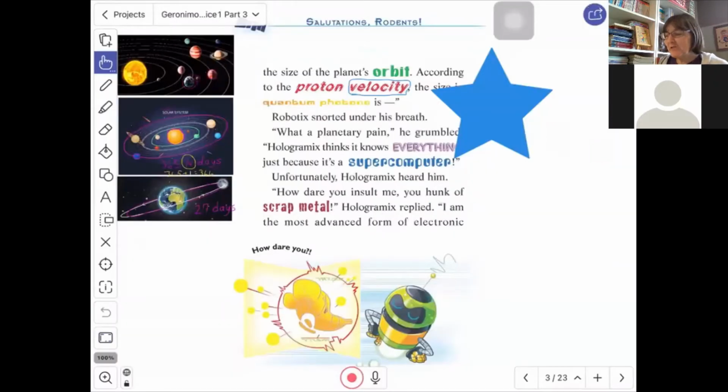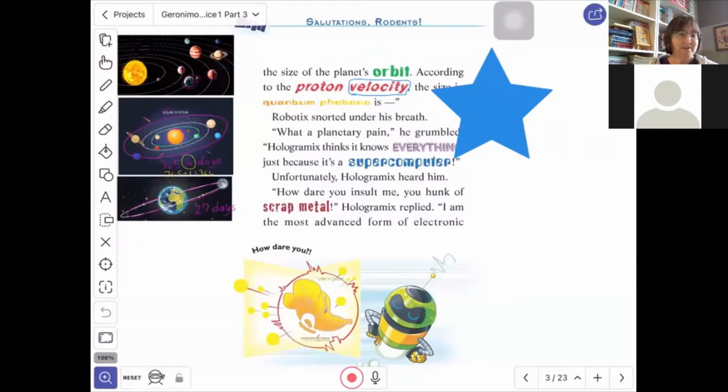All right, so now let's look at Spacemice. The author of Geronimo Stilton, both in Hero Mice and Spacemice, has used the words electron and proton, but the author doesn't use them in a way that makes very much sense.